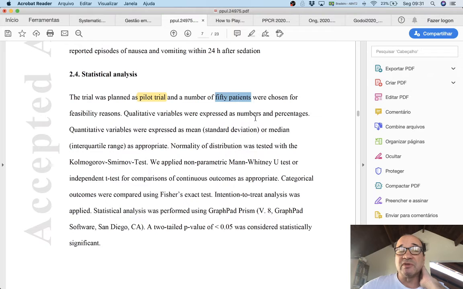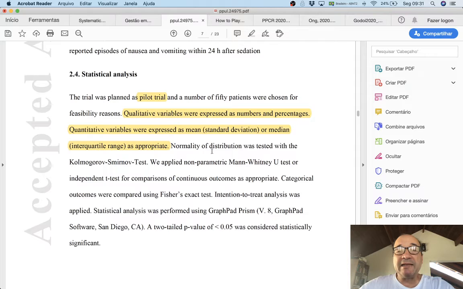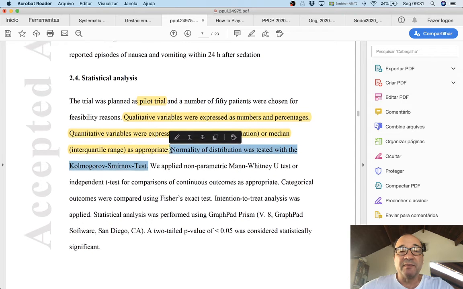Qualitative variables were expressed as numbers and percentages. That's okay, no problem with that. Quantitative variables were expressed as mean, standard deviation, or median interquartile range as appropriate. That's okay with that also. Normality of distribution was tested with the Kolmogorov-Smirnov test.